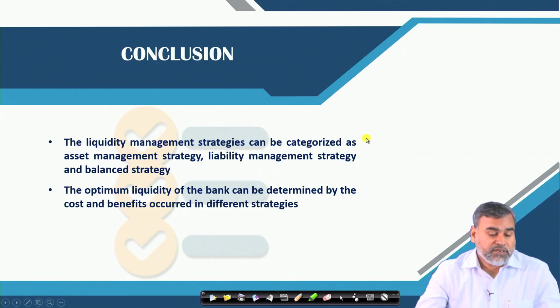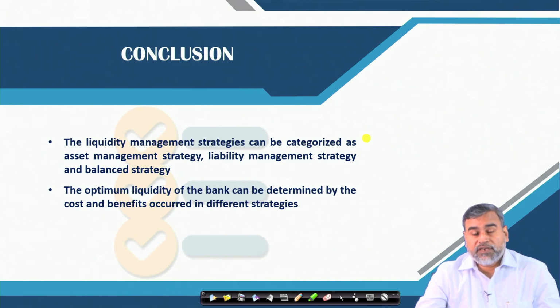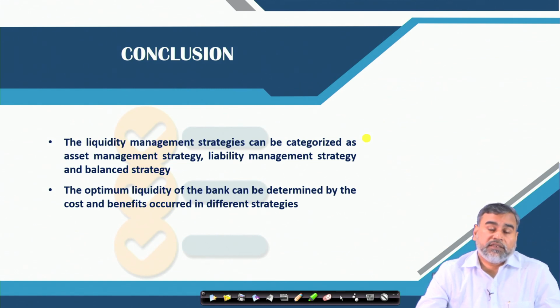So, what we have discussed is that the liquidity management strategies can be of three types. One is they can go for managing the assets, or they can go for managing the liabilities, or they can also use the balanced strategy. And the optimum strategy of the bank can be determined by the costs and benefits in the different strategies. But remember that mostly commercial banks use a balanced strategy, where they combine both asset management and liability management.